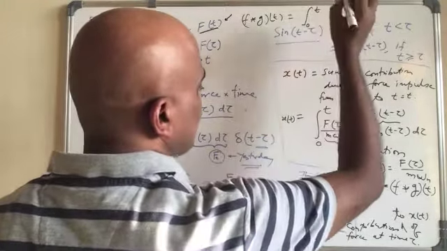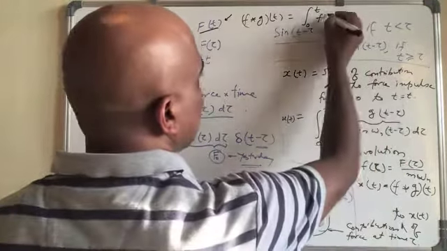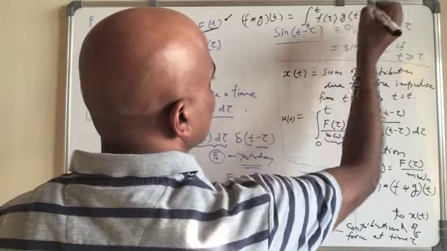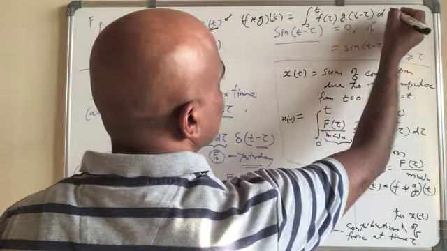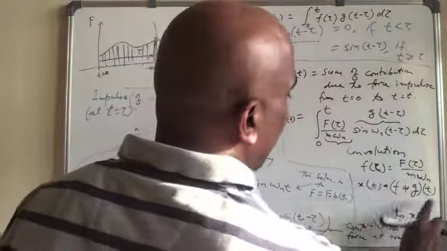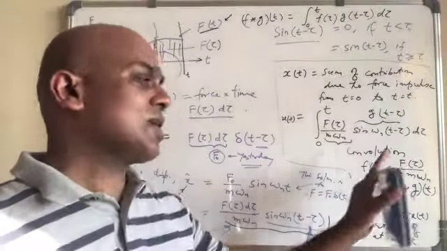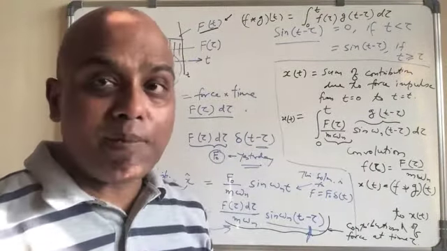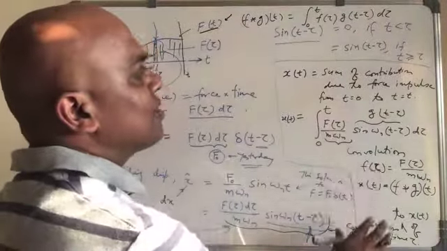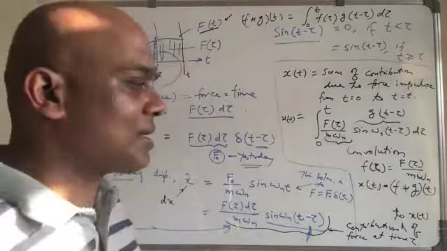So 0 to t, and then we have f(tau) times g(t minus tau), and here you have d tau. It's also called convolution, and this is how it is denoted. This we will be using. In controls and vibrations, it has a very good meaning, and it is a very powerful statement actually, and we will see that when time comes.